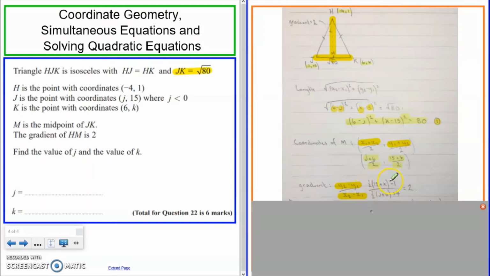That's exactly what I've done here. What I've written here is just another way of presenting this, and the same here. And we know that equals 2 because the question tells me the gradient of HM is 2.